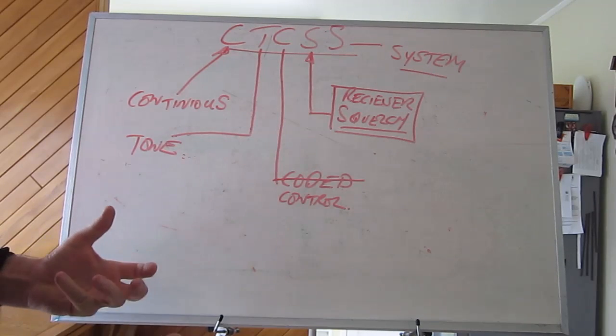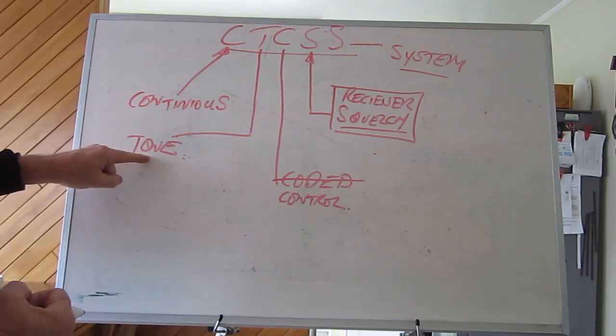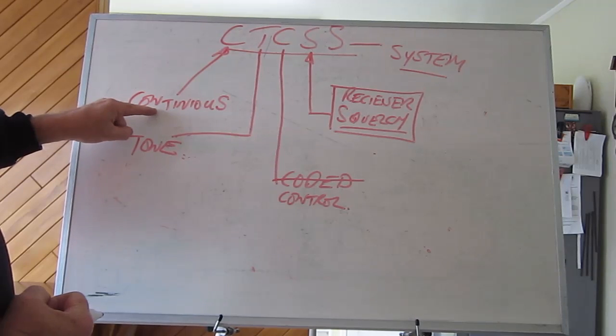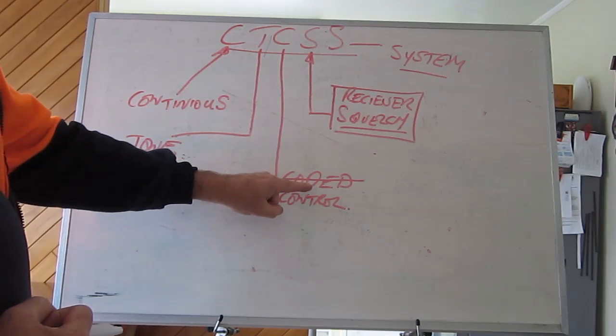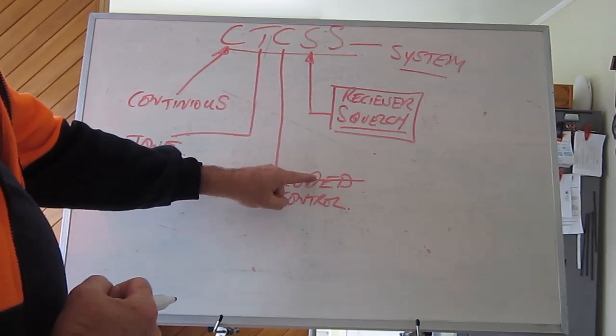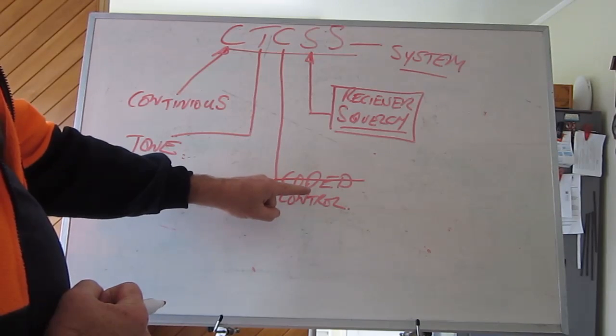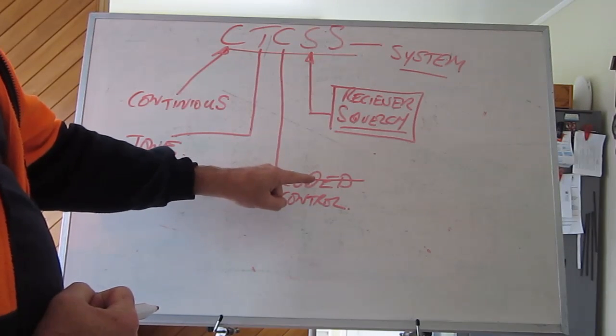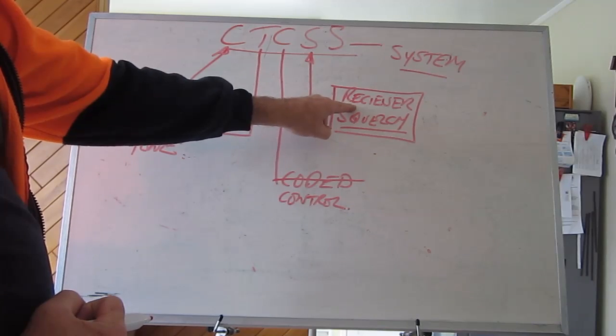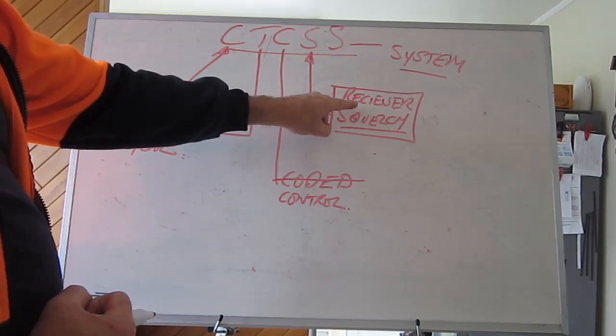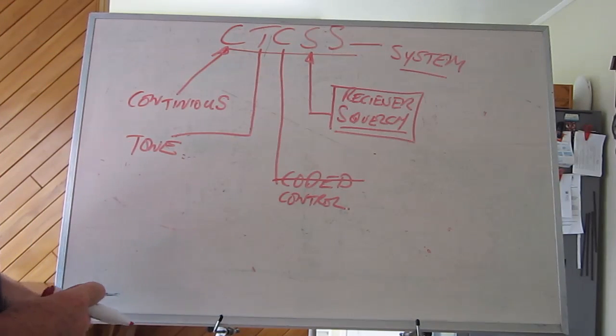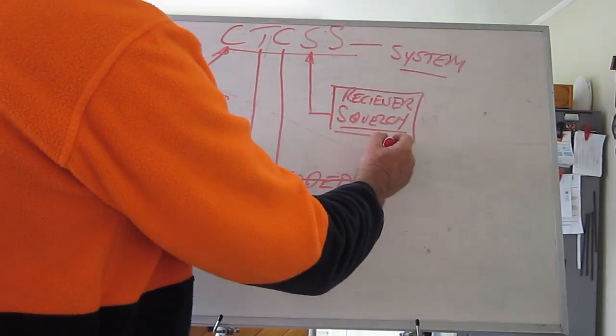However this thing works, it uses a tone, which is there all the time. Coded, you could exchange the word coded for control, but what we're going to control is the receiver squelch. And that's the most important thing to understand here.